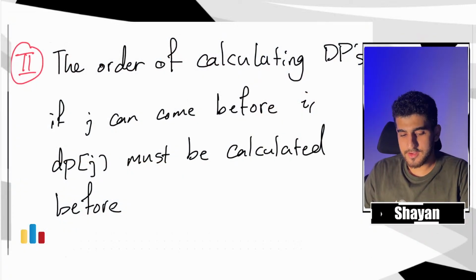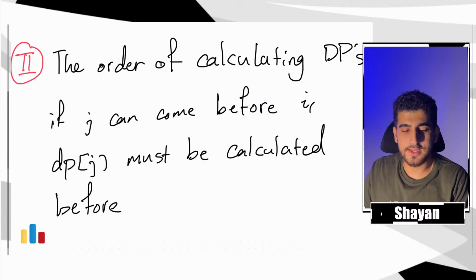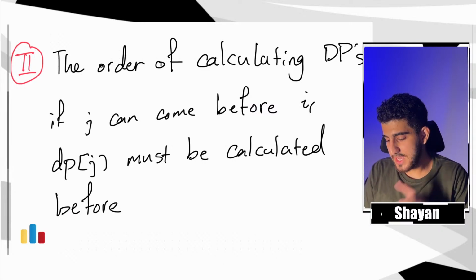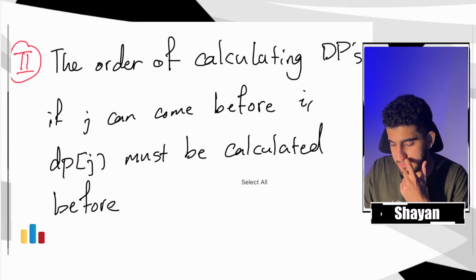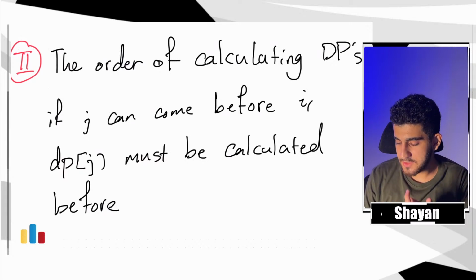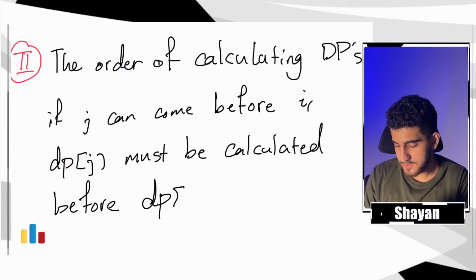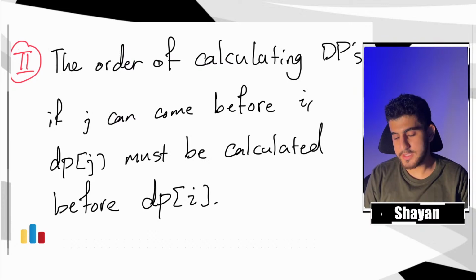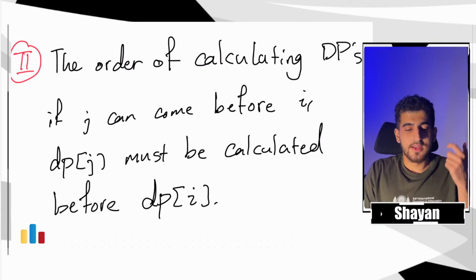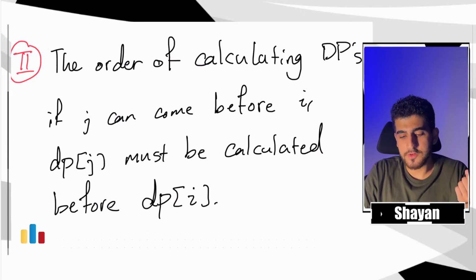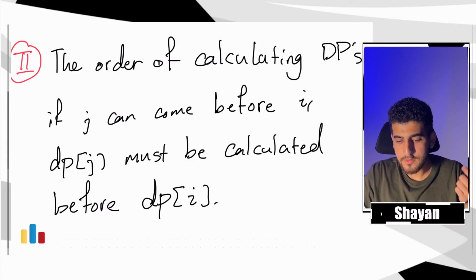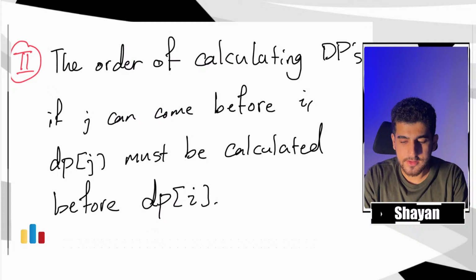So the order of calculating dp's matters, and if j can come before I, dp of j must be calculated before dp of I, right? If j can come before I, dp of j must be calculated before dp of I. Exactly.